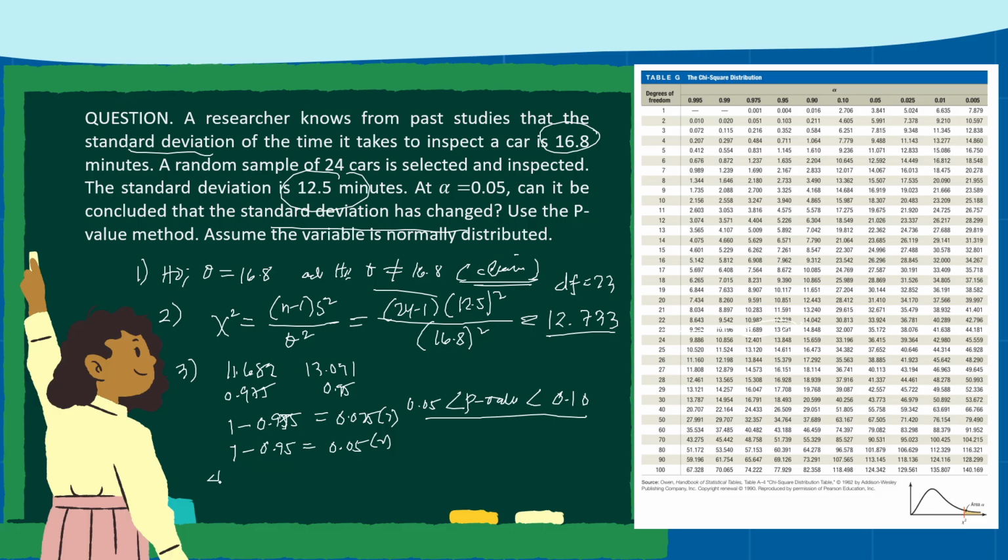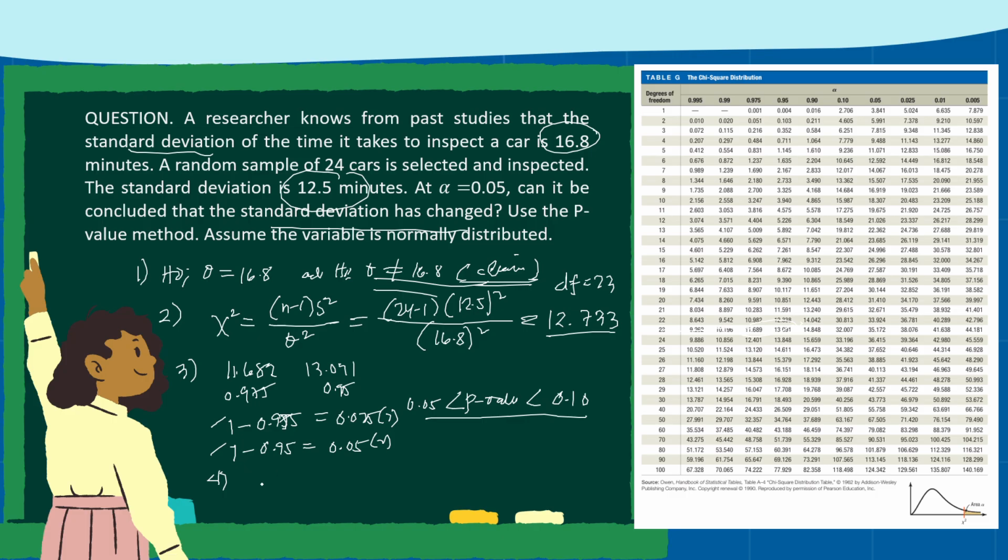And step number 4. This is the upper and the lower value here, and if that is a two-tailed test, we have to double this one.